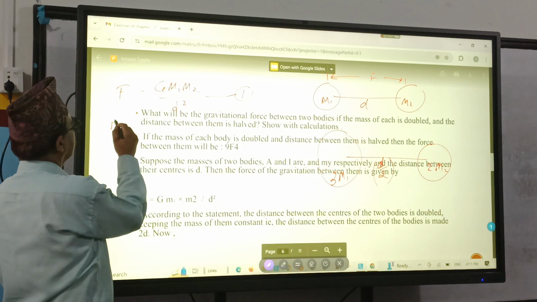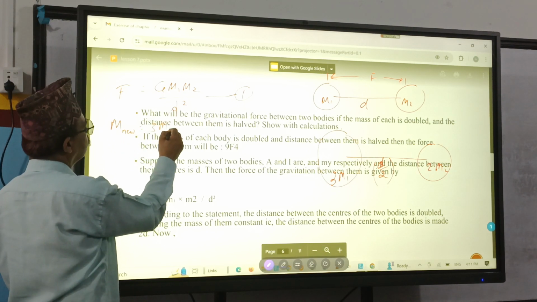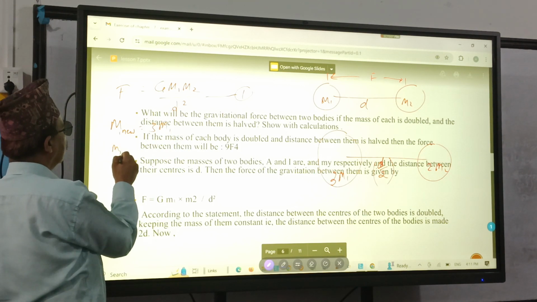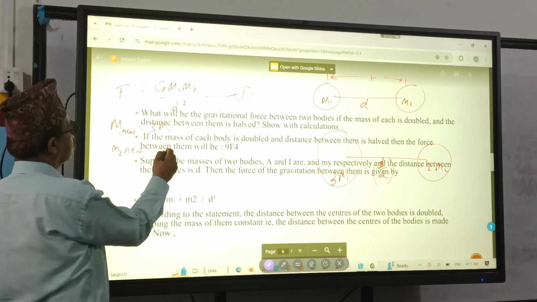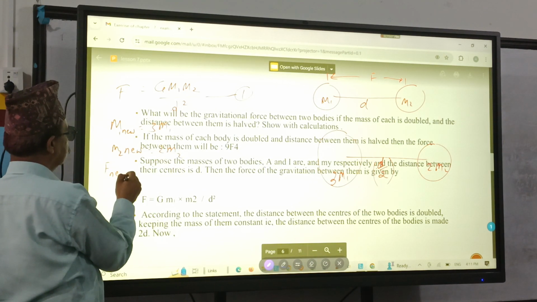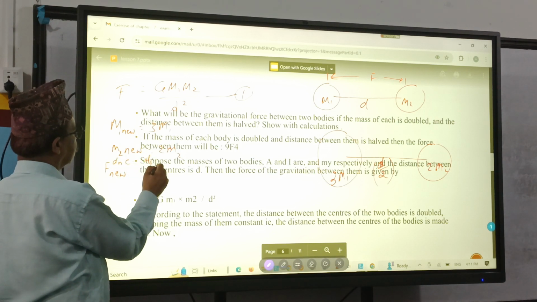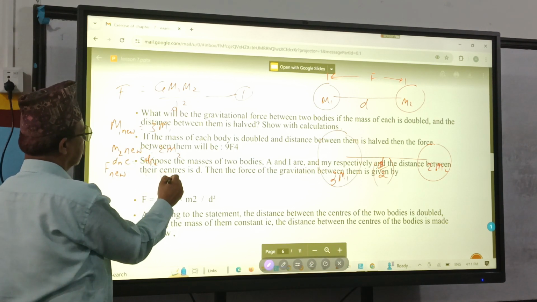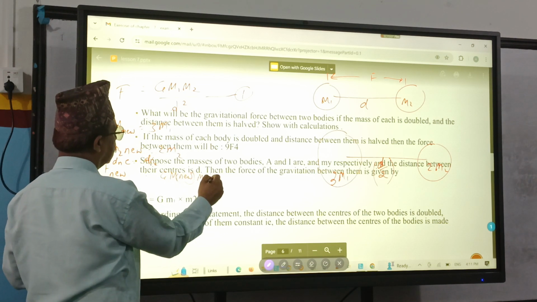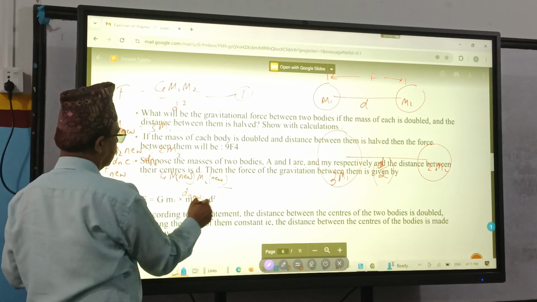The new mass m1 will be 3m1. The new m2 becomes 2m2. The new distance d becomes d by 2. So F new equals G times m1 new times m2 new by d new square.